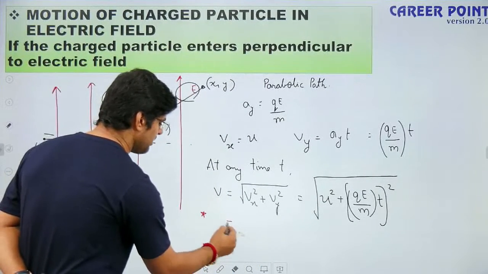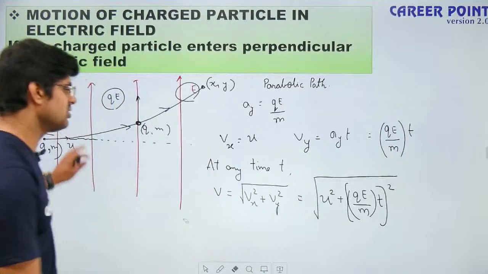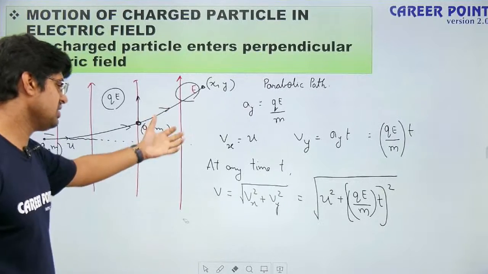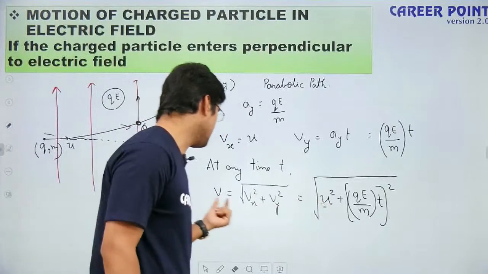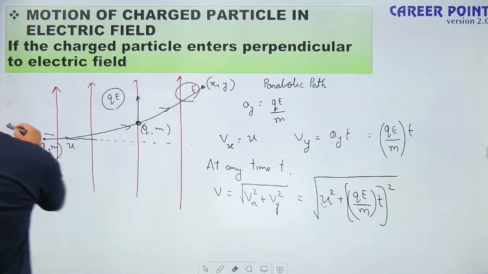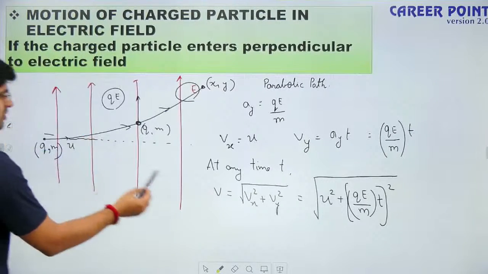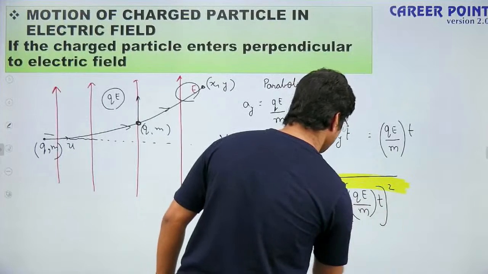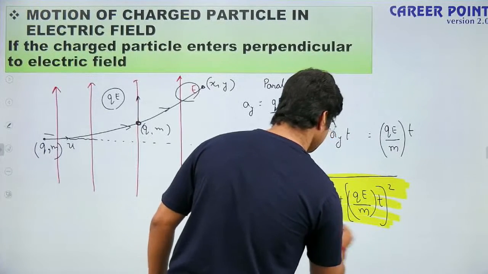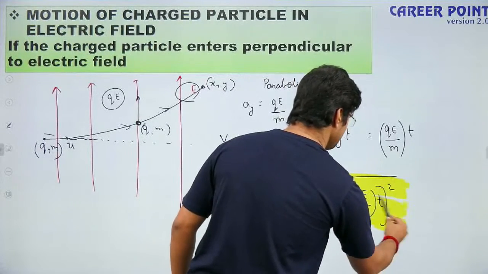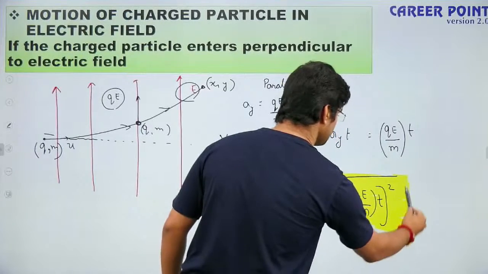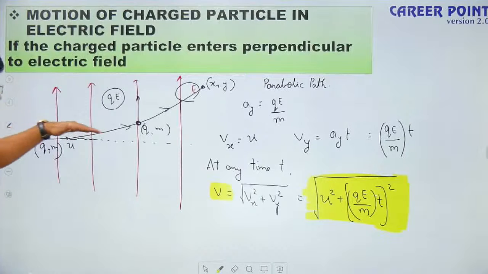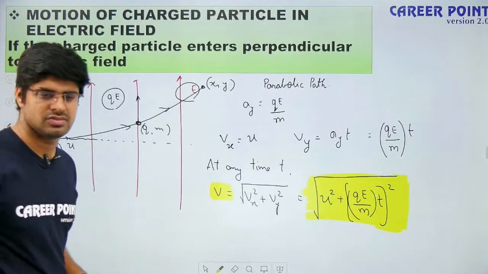Why? Because we are not having any electrostatic force in x direction, so I am not writing any velocity change in x direction. This we have already given, so the net velocity expression will be v is equal to under root of u square plus qe by m into t whole square. This is what you have to think about when we have electric field perpendicular to the direction of entry of the charged particle.